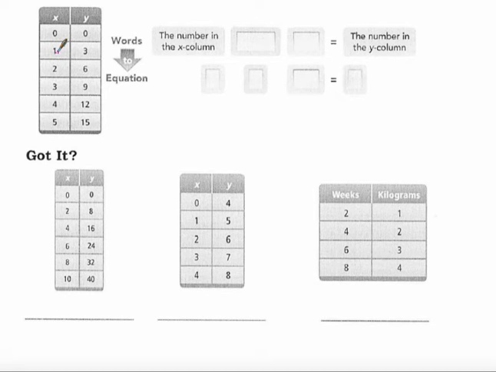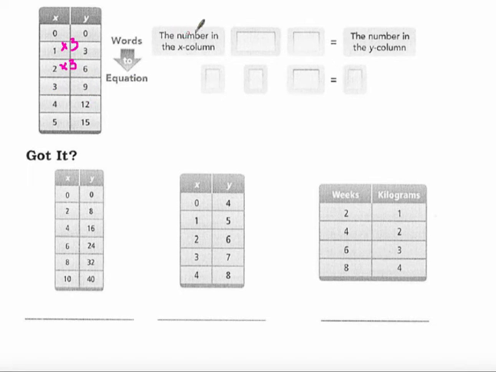I know I could add 2 to 1 to get 3, so it might be plus 2. But if I add 2 to 2, I do not get 6, so it's not going to be plus 2. Let's go back to the multiplication thing. 1 times 3 would give me 3. 2 times 3 would give me 6. 3 times 3 is 9. 4 times 3 is 12.